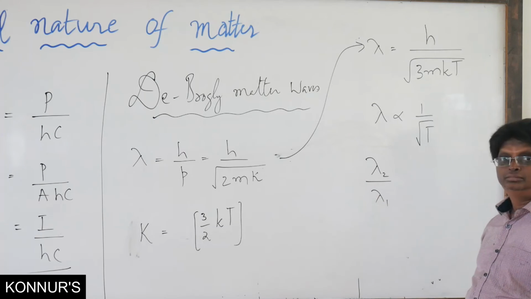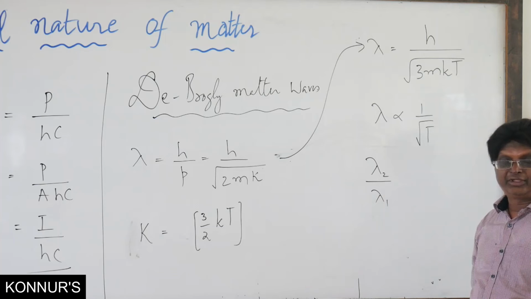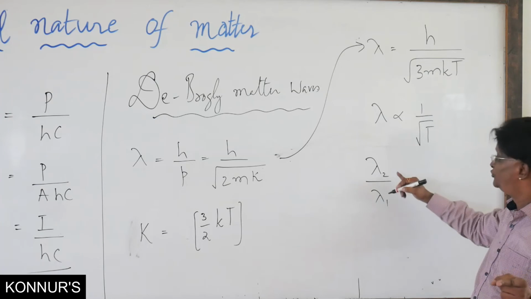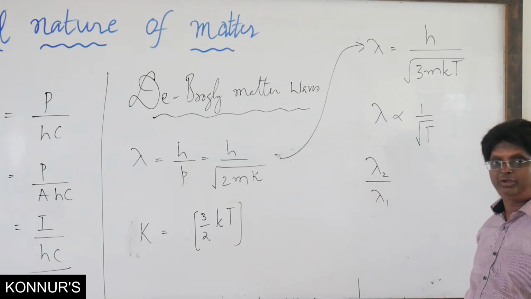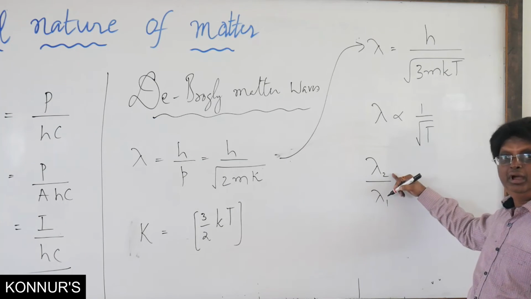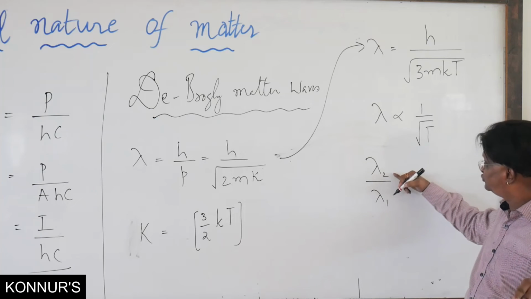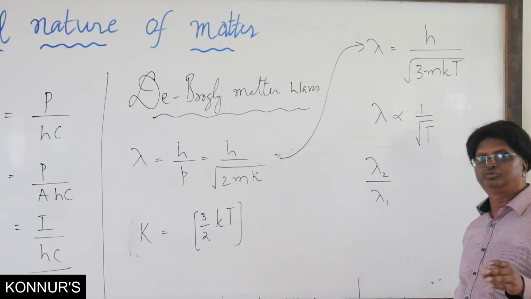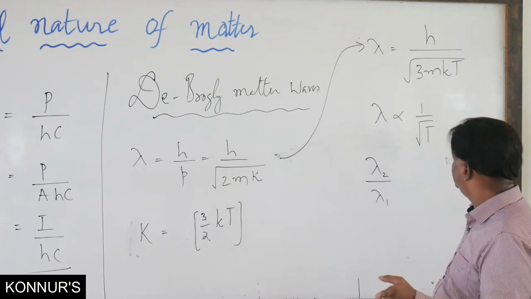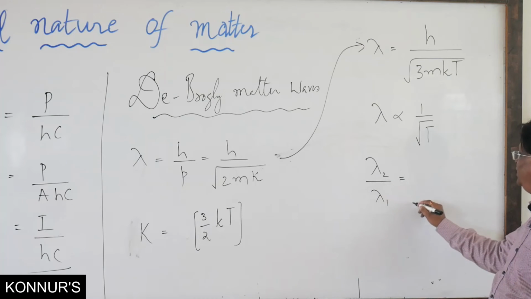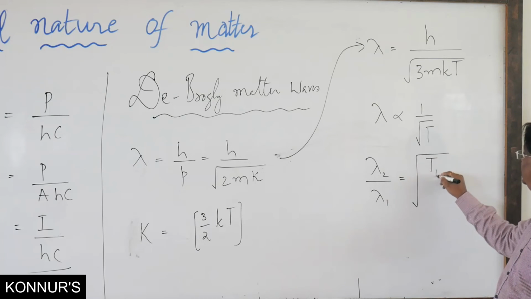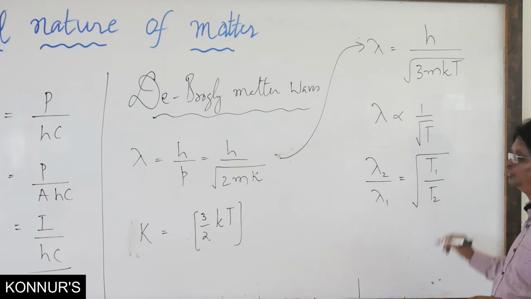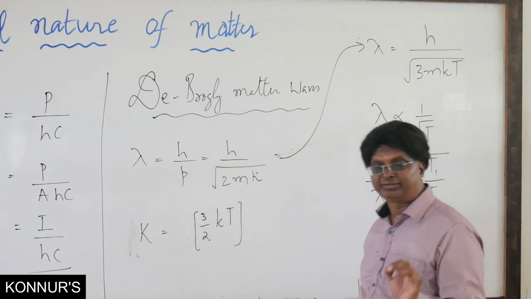Again, many times I have told you, one more time repeating: when I say 2 and 1, the final, unknown values I write as 2, and 1 refers to the given, initial, known values. So lambda 2 upon lambda 1 is equal to under root T1 by T2, temperatures in absolute scale.